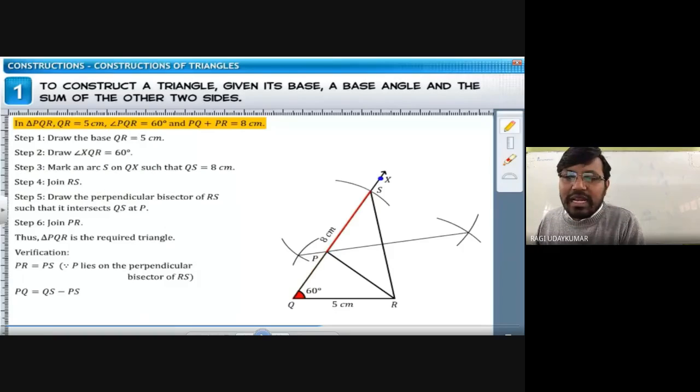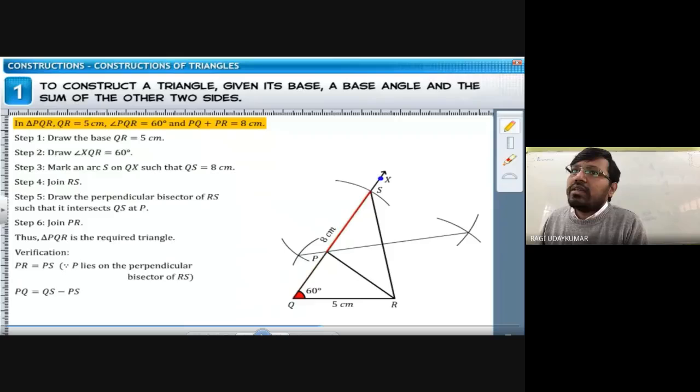What is meant by perpendicular bisector? This line is the perpendicular bisector. Whatever line we are drawing, on that you take any point, that point will be at equal distance from the two end points S and R.